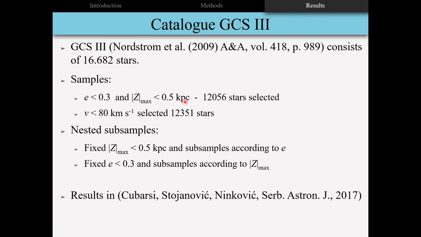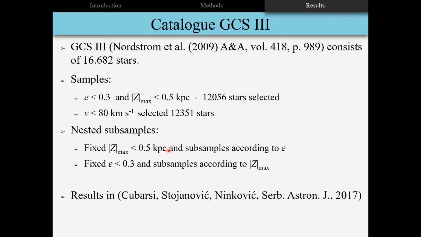After we made these samples, the third step was to obtain the local galactic constants from nested subsamples. We needed to do these stellar subsamples in order to get planar and vertical eccentricities.